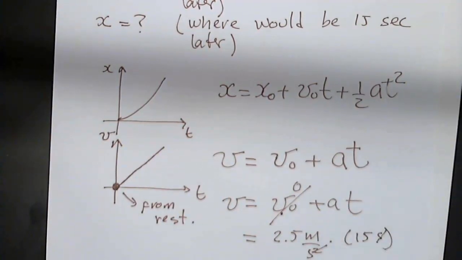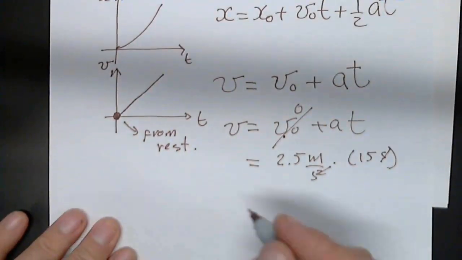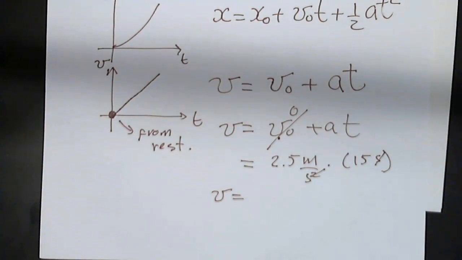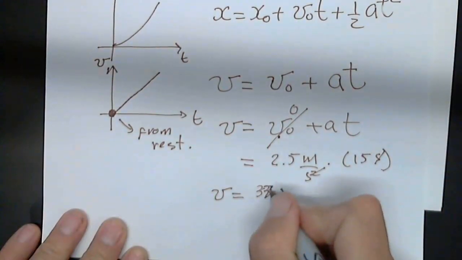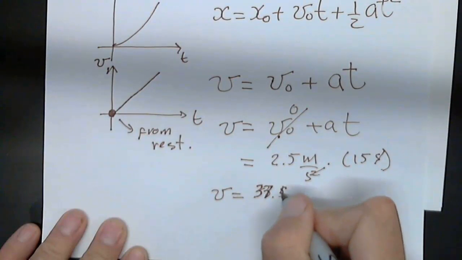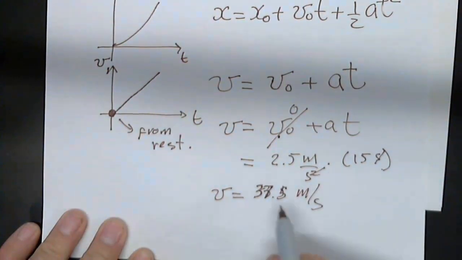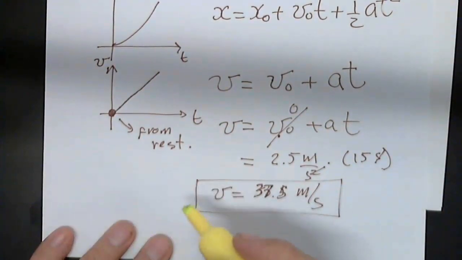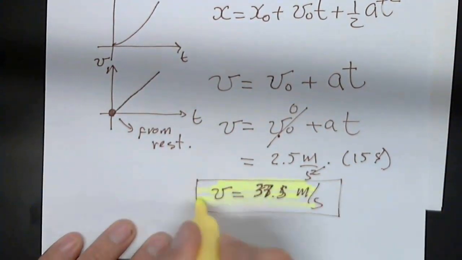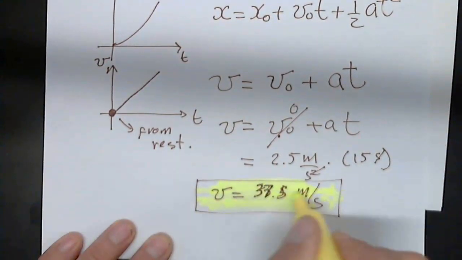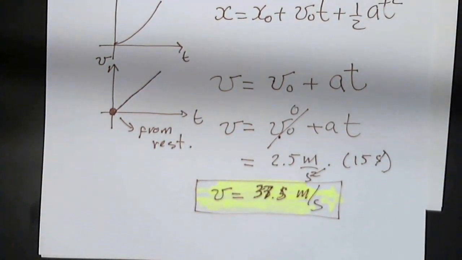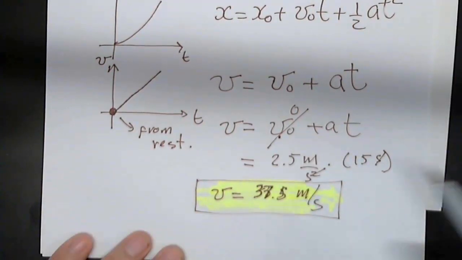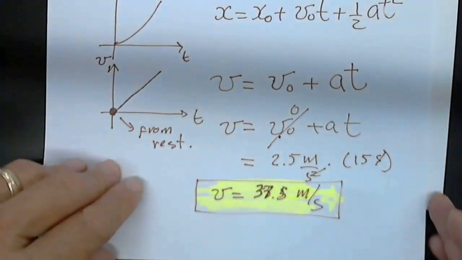Seconds cancel, and the velocity 15 seconds later is 37.5 meters per second. That's more than 100 miles per hour. You box the answer because you need to submit this into Focus. Make sure you show all the work like this. So this is how fast it's moving. It's going at 37 meters per second, 15 seconds later.